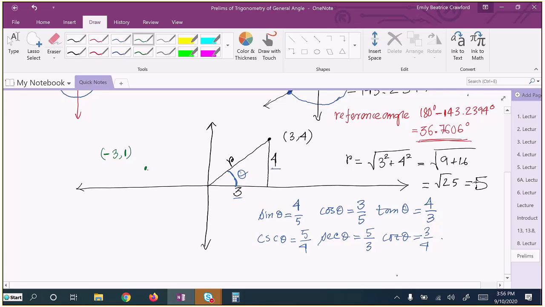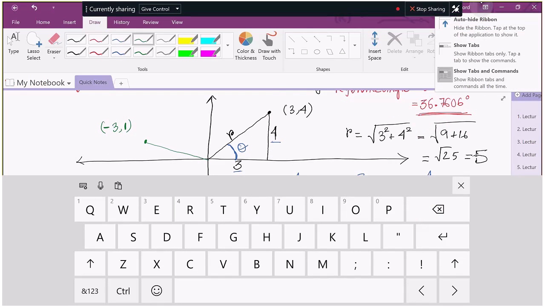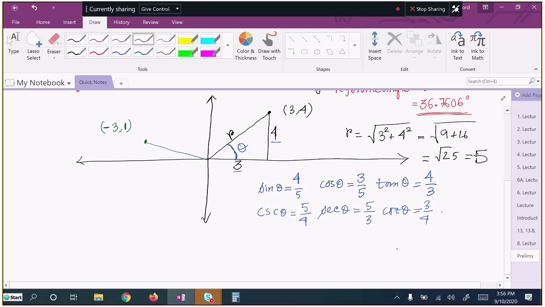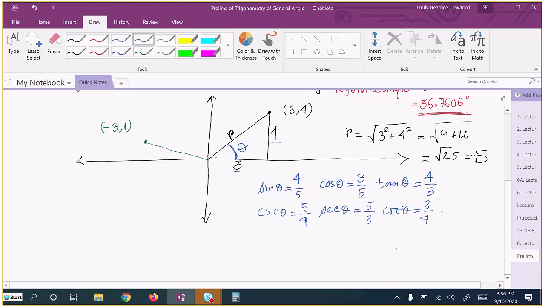And if I want to know what the trigonometric ratios associated with this point are, I have to first tell myself that the angle associated with this problem has the standard position and the initial side coincident with the positive direction of the x-axis.